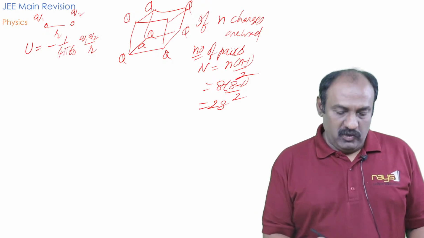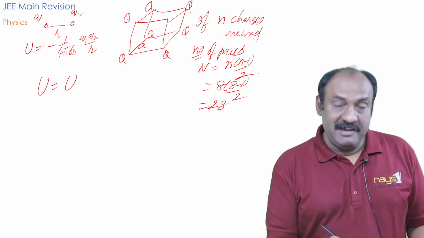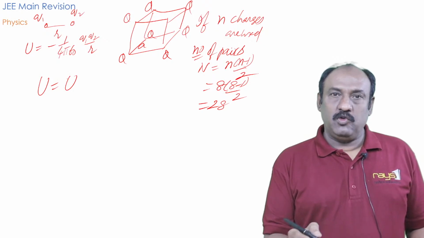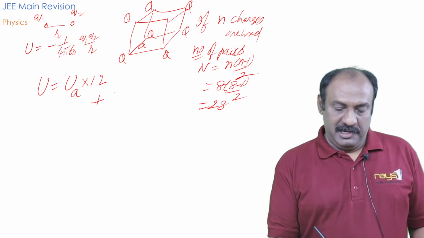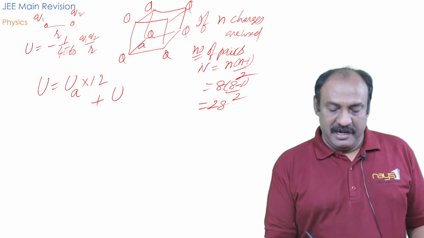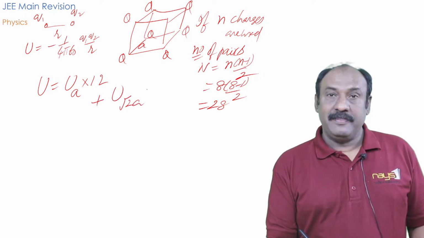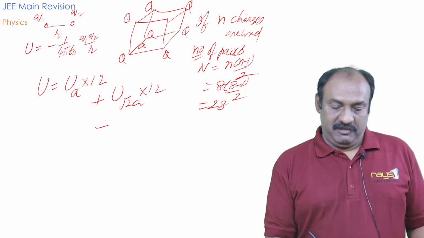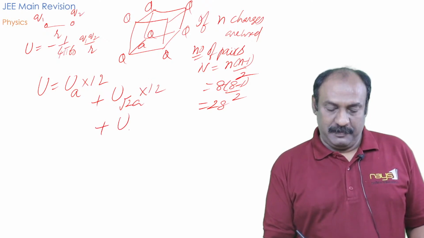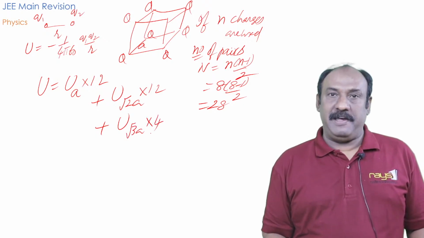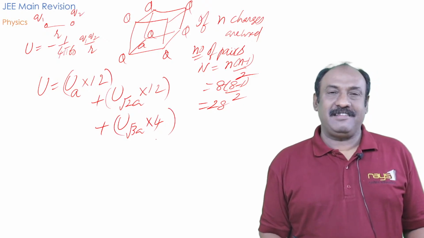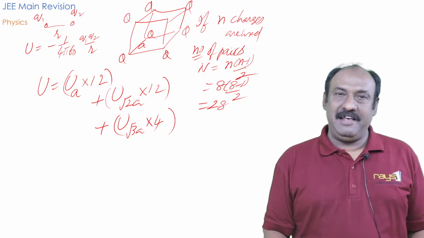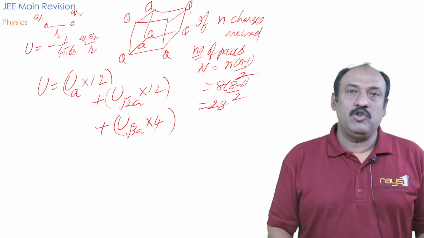Out of these 28, the potential energy between two charges separated by a distance a is 12 pairs, plus between two charges separated by a distance root 2 a is 12 pairs, plus between two charges separated by root 3 a is 4 pairs. Like that we can calculate the potential energy of the system of 8 charges placed at the 8 corners of the cube of side a.